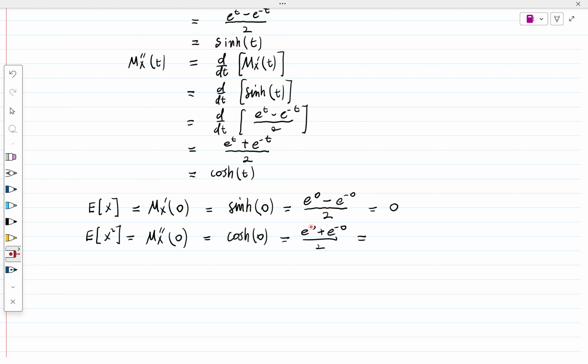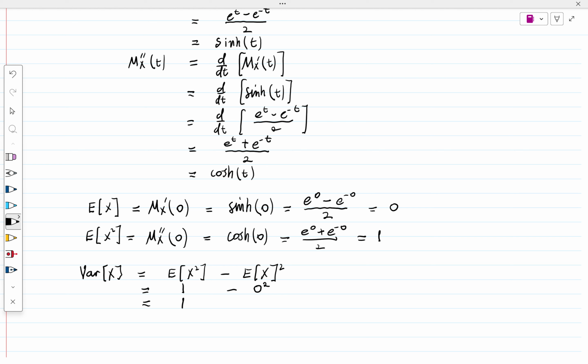And in this case, we have 1 plus 1, so the numerator is 2 divided by 2. We get a value of 1. And allowing that now, we can use the definition of variance, which we know to be the expected value of X squared minus the expected value of X all squared, which in this case is 1 minus 0 squared from the two above, which is 1.